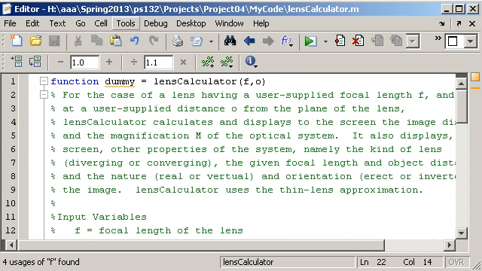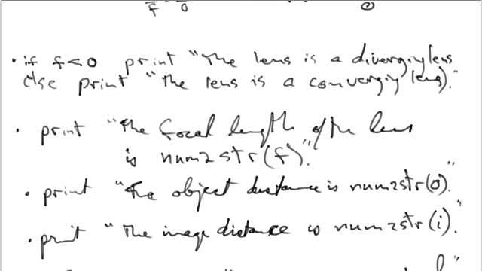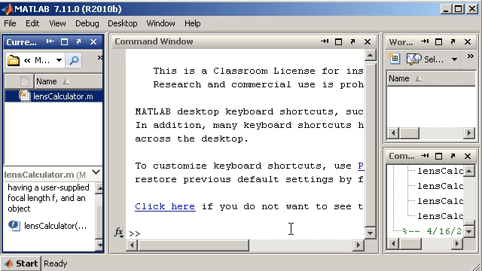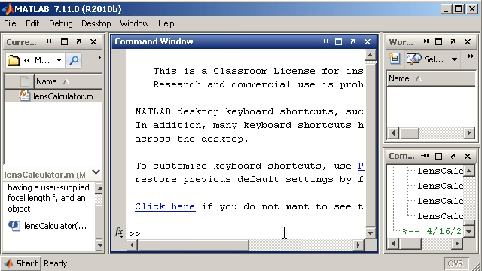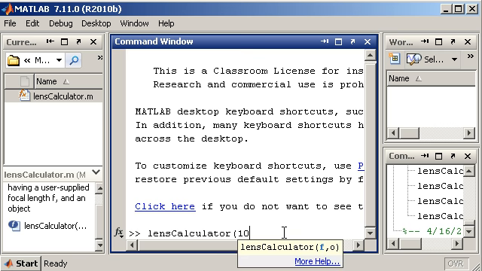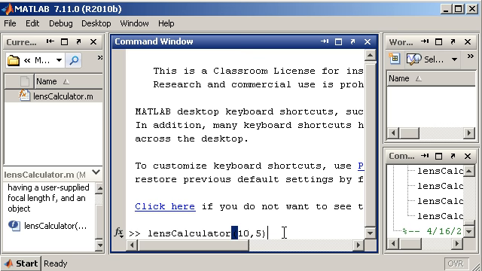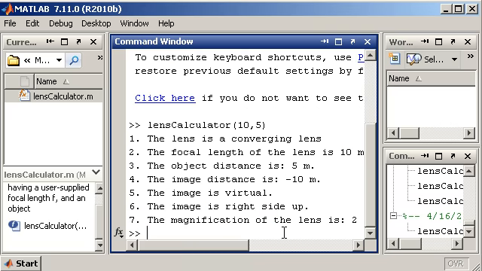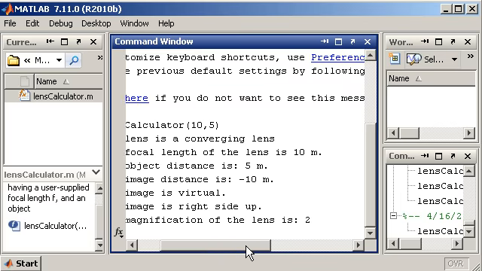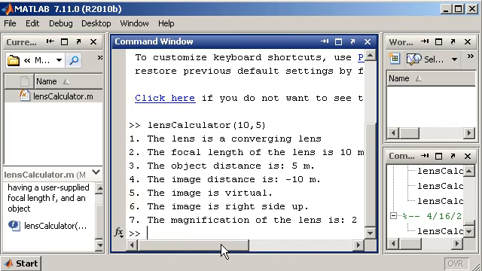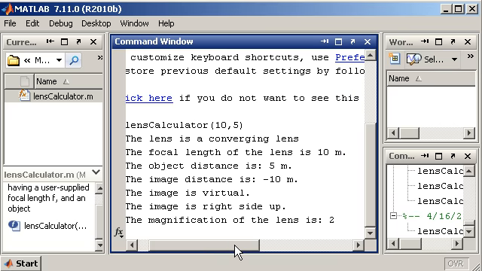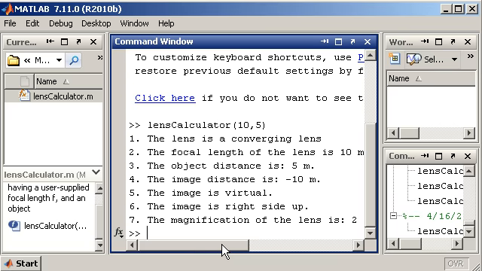Let me save it, make sure it's still working. So it's lens calculator. 10 meters, 5 meters, those are pretty big values. Converging, it sure is. 10 meters, 5, that's good. 1/10.